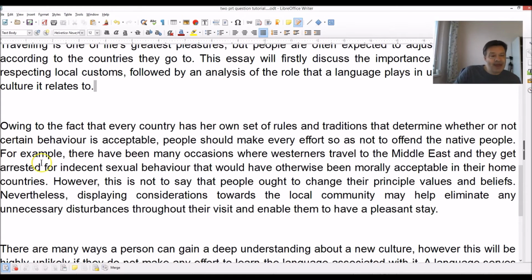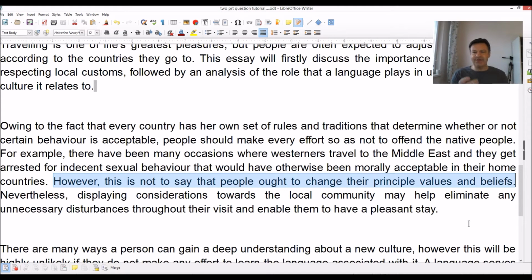Now, however, this is not to say that people ought to change their principal values and beliefs, which is kind of contrary to what the previous sentences were talking about. The previous thing said that you should not offend people, you should behave as they do.